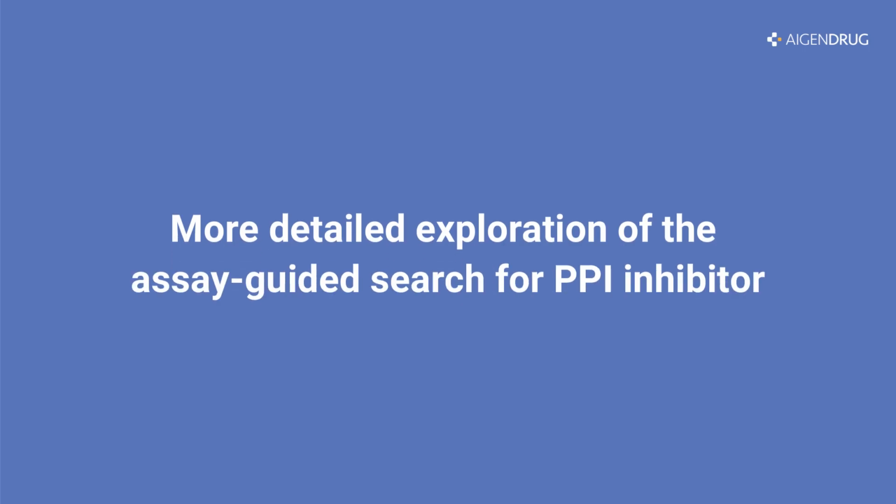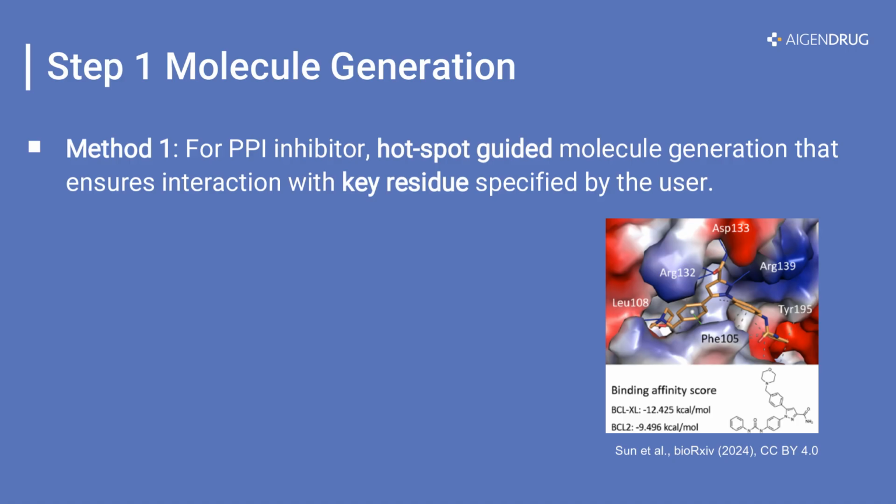Now, let's explore our assay-guided search in more detail. The first approach for generating PPI inhibition molecule candidates is to use hotspot-guided molecule generation. That ensures interaction with key residues specified by the user.